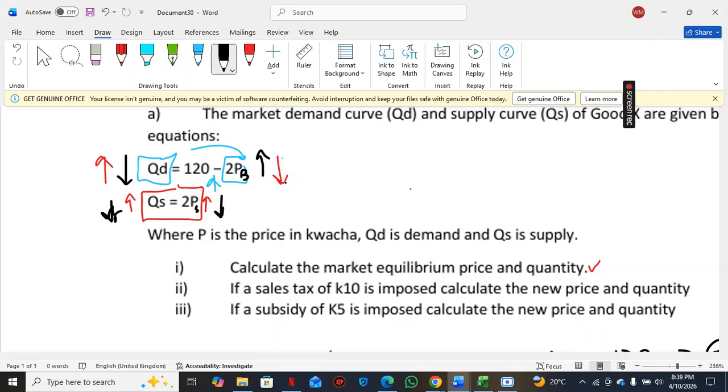Here at equilibrium, there was no difference between PB and PS, because what the buyer pays is what the supplier receives. Government doesn't get anything. So at equilibrium, when we were calculating, that's why I ignored the PB and PS. But when a tax and a subsidy are included, then you need to segregate these two.